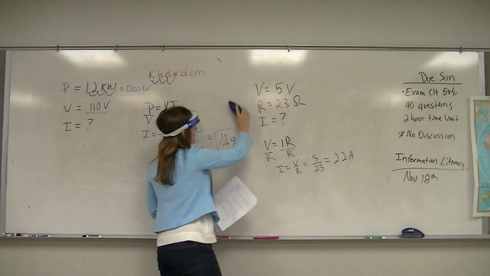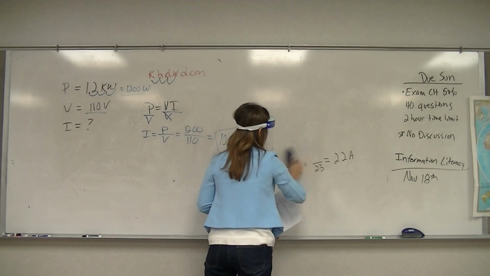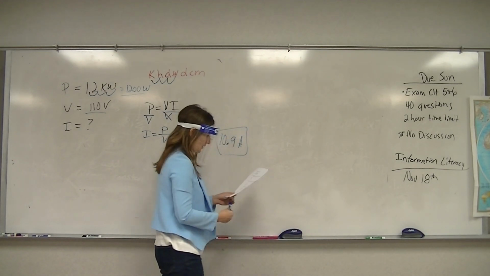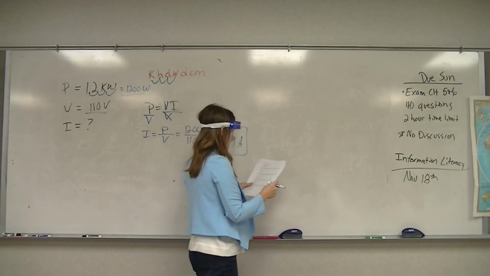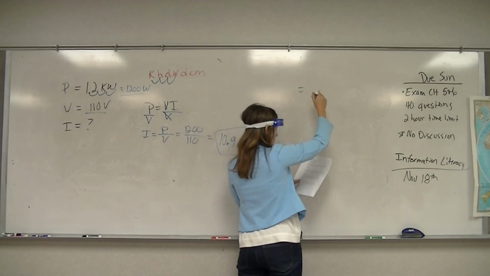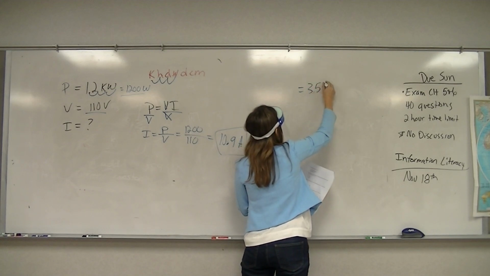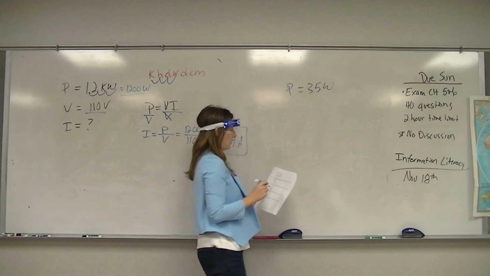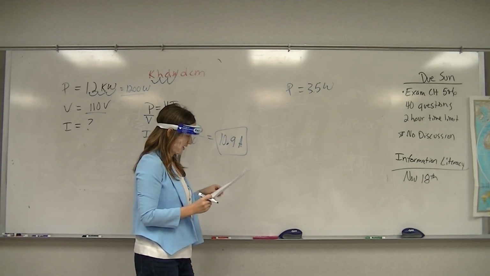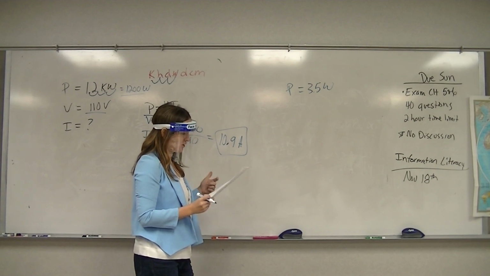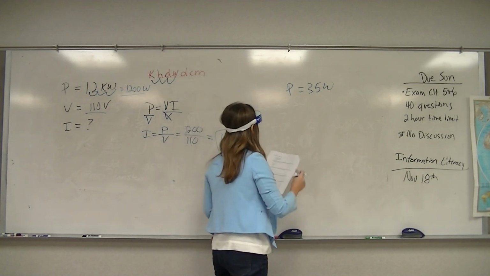All right, number 22 is asking about energy. We have a 3.5 watt charger. So watts, once again, we just said it, is a power. How much energy does a 3.5 watt charger use to charge your phone for 45 minutes?